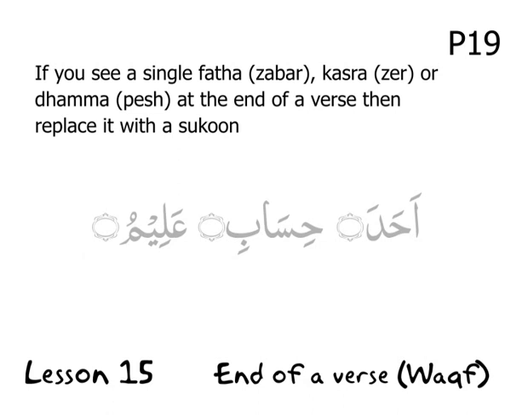So ahada will become ahad. Hisabi will become hisab. Alimu will become alim. I hope that's quite straightforward. Anywhere in the Quran, if you're stopping and it has a single fatha, kasra, dhamma, you have to make that into a sukoon, okay?